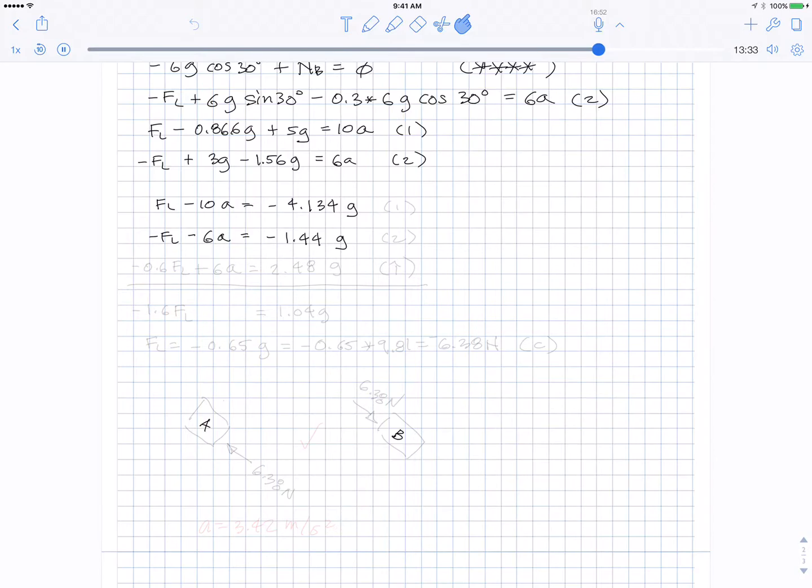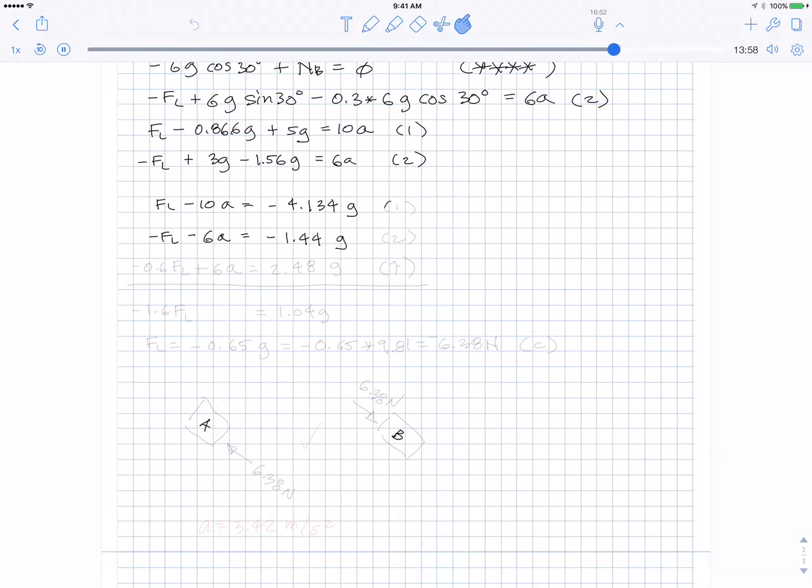We need to solve that for F link. I wish it was solved for A; it would have been easier to do. I'm too lazy to put it into a calculator, so I'm going to multiply the top equation by 0.6 and then add them together.